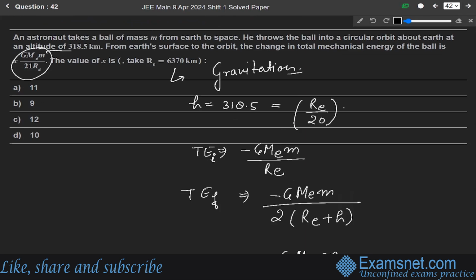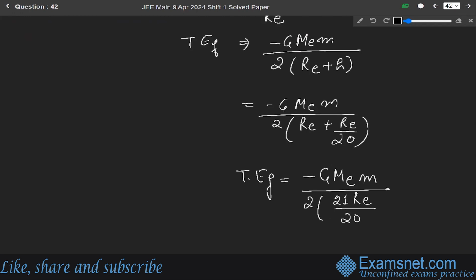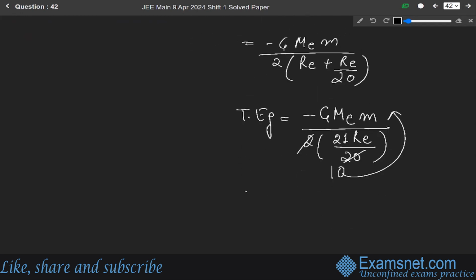Now final energy will become minus G M_E m over 2 times 21 R_E over 20, so the 10 will come in the numerator. So total energy final will be equal to minus 10 G M_E m over 21 R_E.